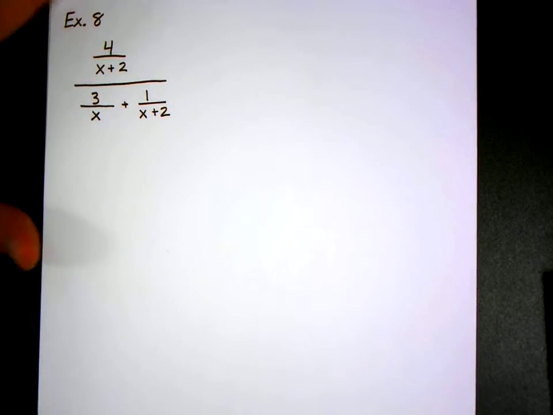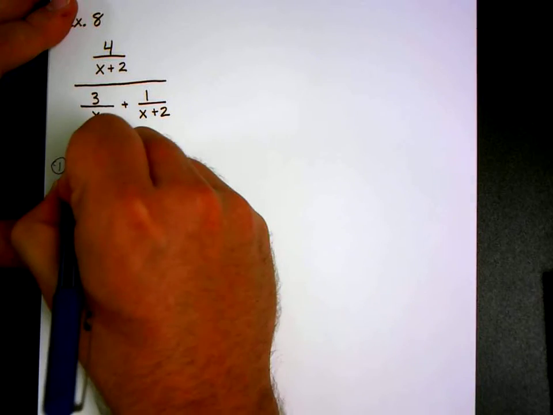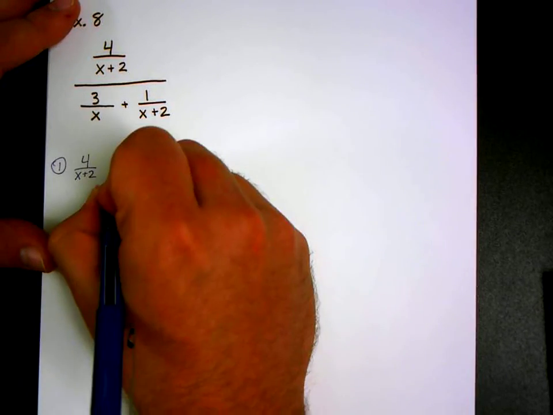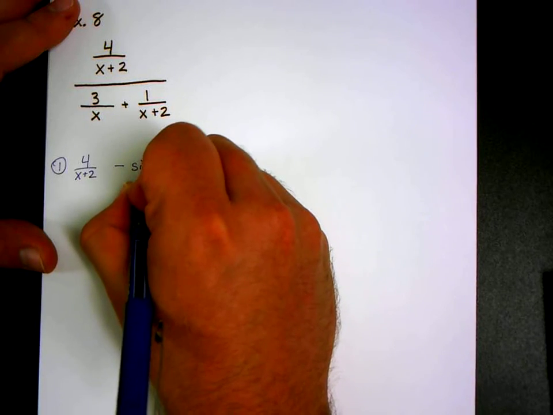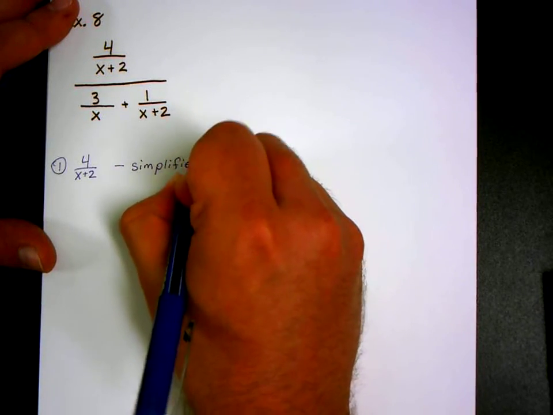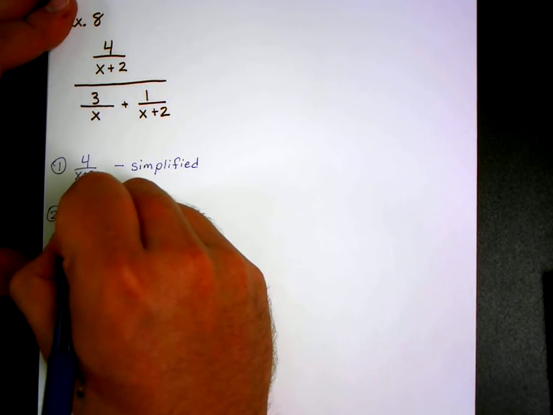But just to get you used to seeing this, first step, look at your numerator. Well, that's simplified, so I can be done with that. Second step, look at your denominator.